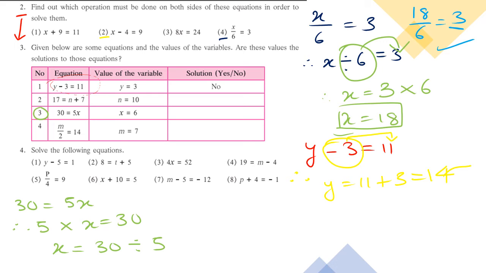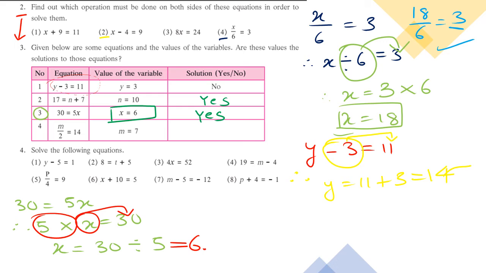See, this is x. This is in multiplication. Take it to the other side. Make x alone. You get division. 30 divided by 5 is 6. So do you see the 6 here? Yes, x is equal to 6 is given. So you write yes. When you check for this, you will get the answer to be yes.